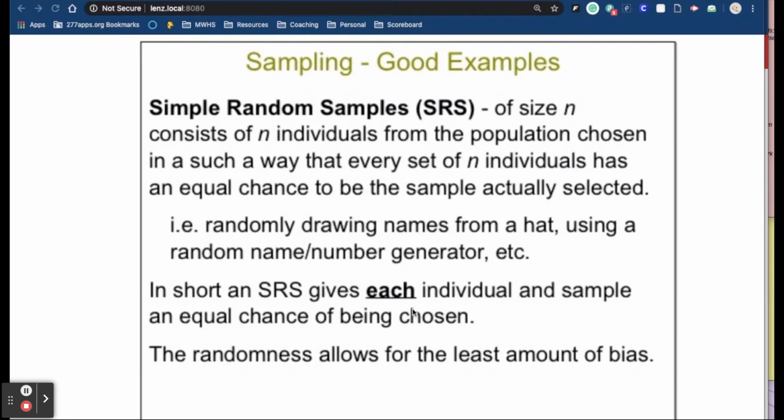Or if you are assigning people numbers, every number is equally likely of being chosen. This randomness is one way to eliminate some bias. There's still going to be, in this case, some voluntary response bias, but this is at least one way to minimize it and not make it a convenience sample.